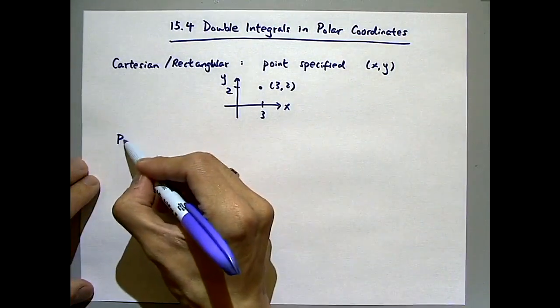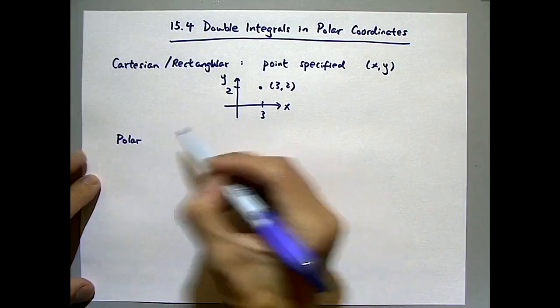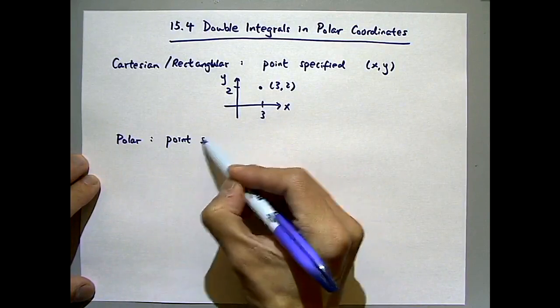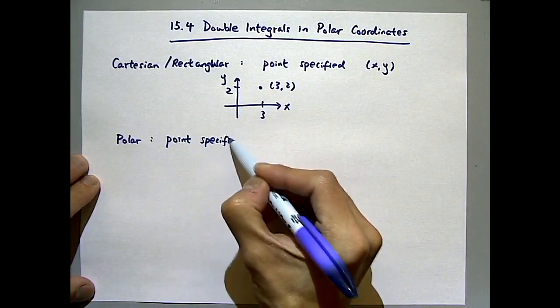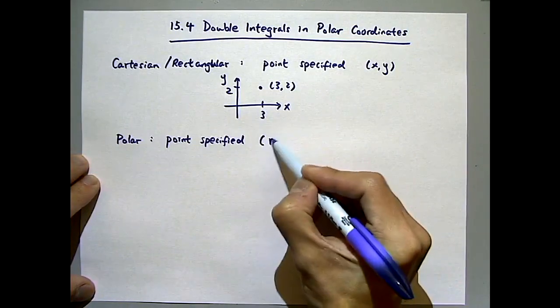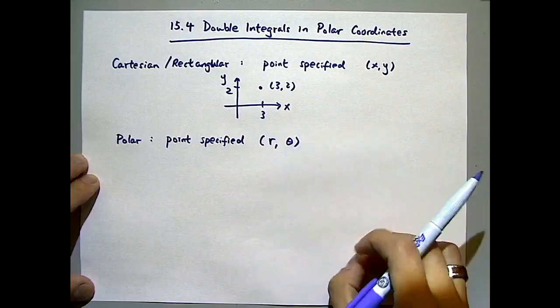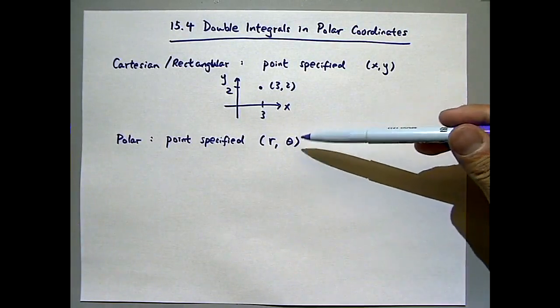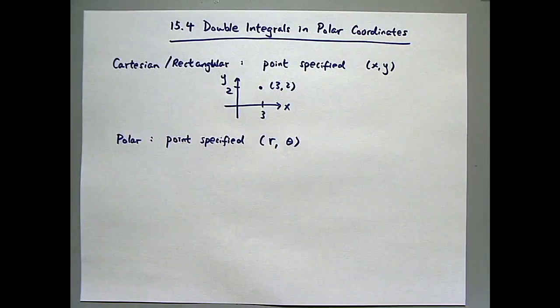You've seen polar coordinates. In polar coordinates, to locate a point, we give a distance r from the origin and the angle theta measured from the positive x-axis.